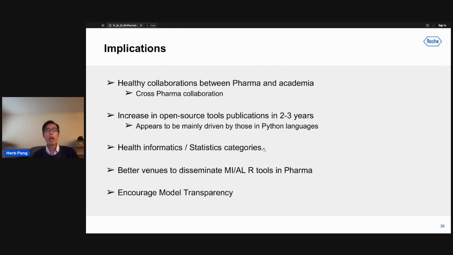Those are at the lower end, and hopefully those journals can give more encouragement to have this work published. There may also be better venues to help disseminate these ML and AI tools, in particular in the pharmaceutical industry. And I think there's recent research done by Stanford about encouraging model transparency. Having that mindset is also very good and encouraged.